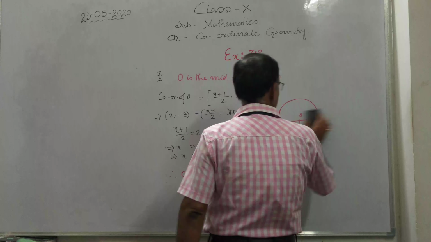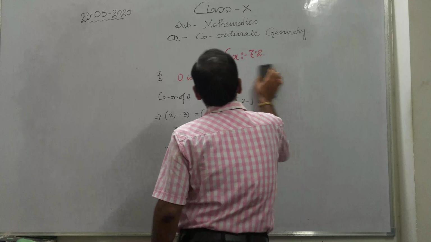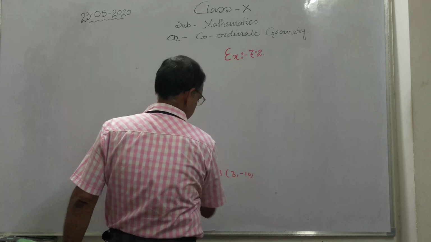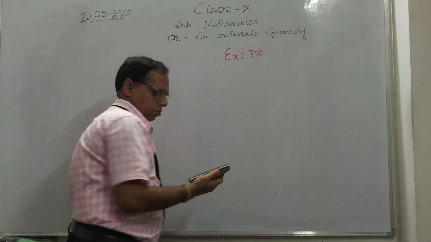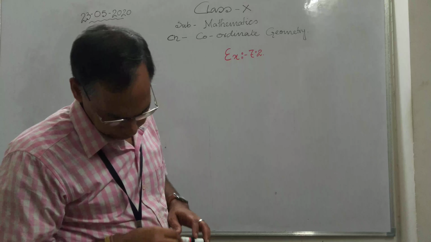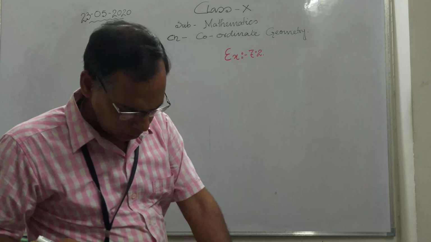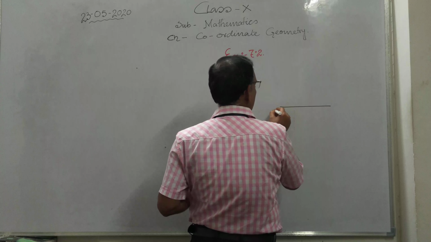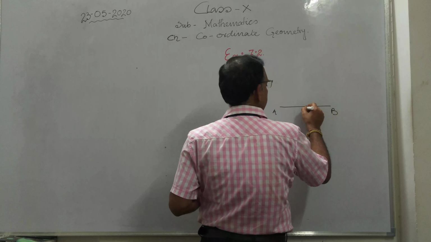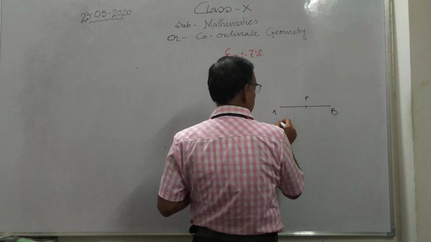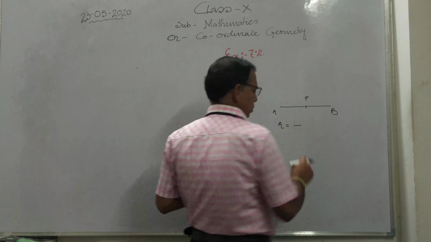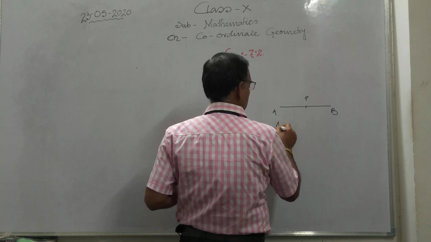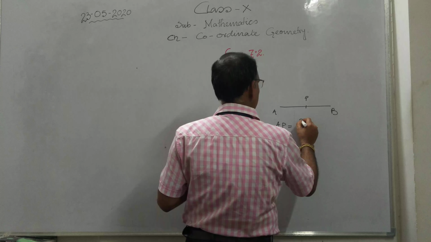I hope all of you have written. So AB. See, A, B, this is P. Now AP equal to 3 by 7 AB.